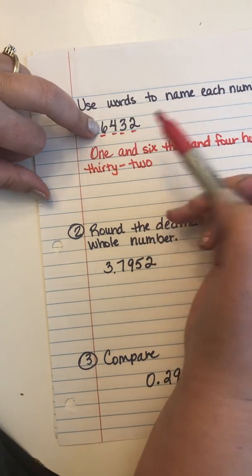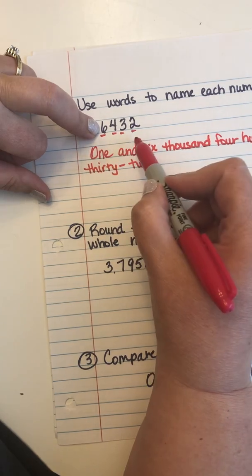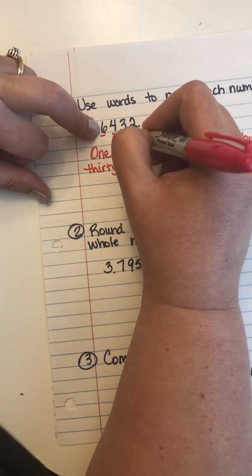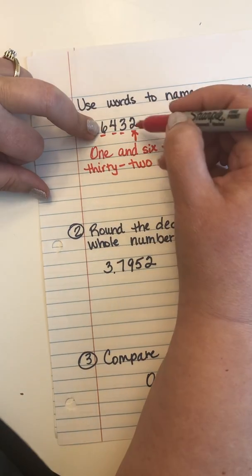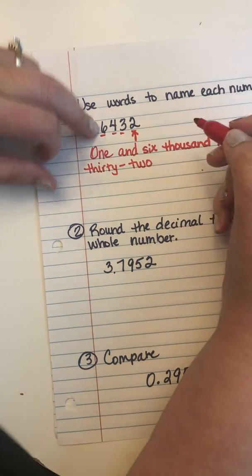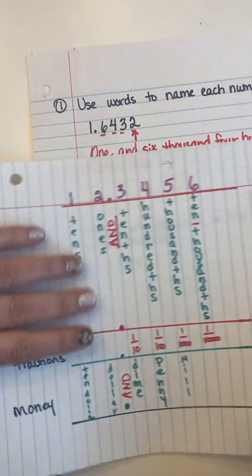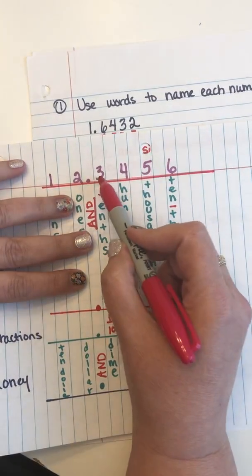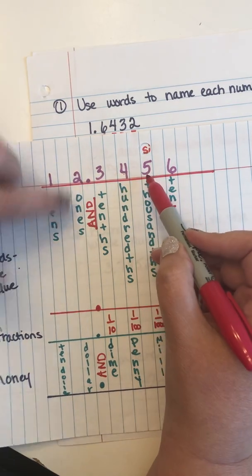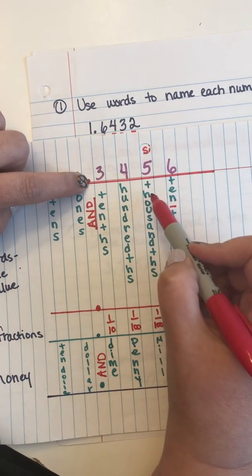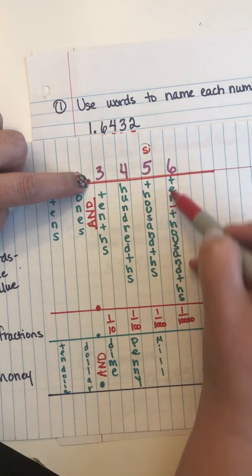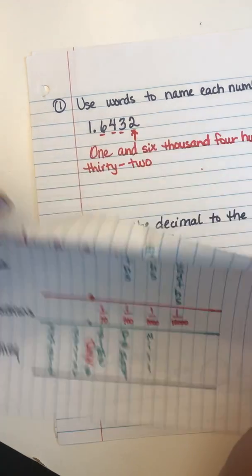6,432. Now, I have to say what place value we're in. The last digit is in the place value. And if I look at my chart and I line it up, I have 6, 4, here's my decimal. 6,432 would be in this 10,000ths spot.